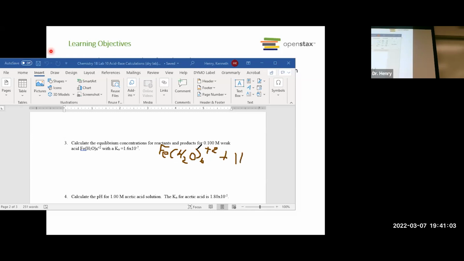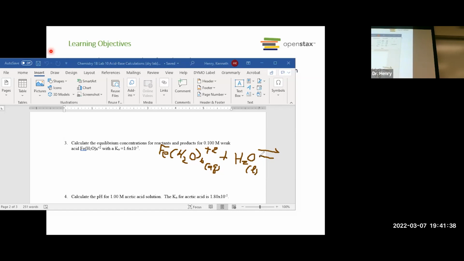We know that this guy's a weak acid, so what's going to happen? It's going to favor it, but you're still going to get equilibrium happening.